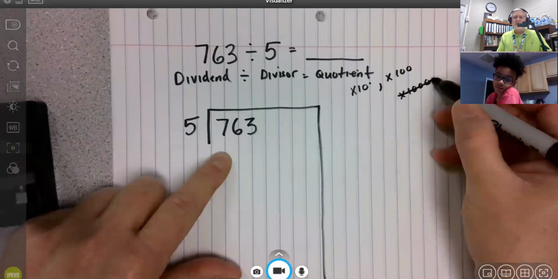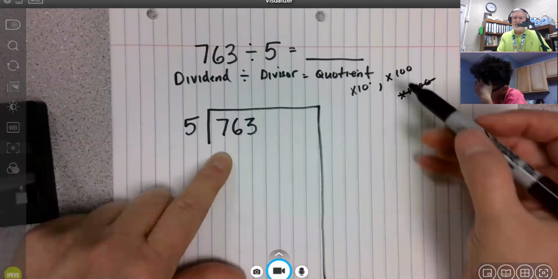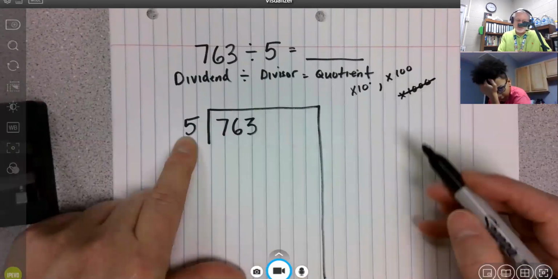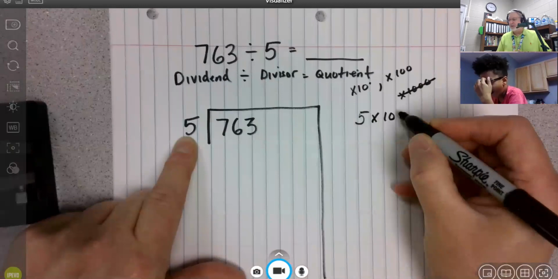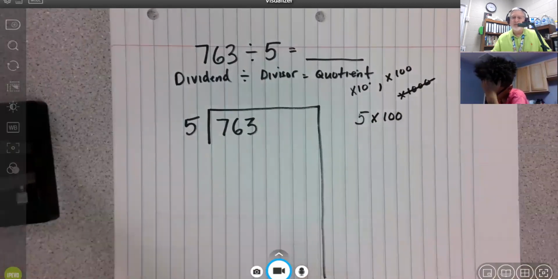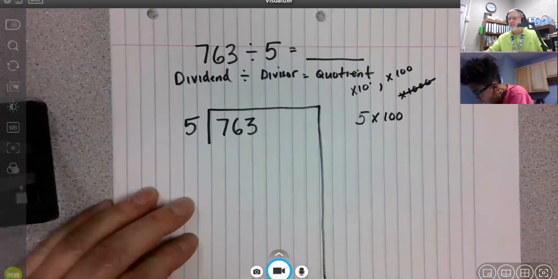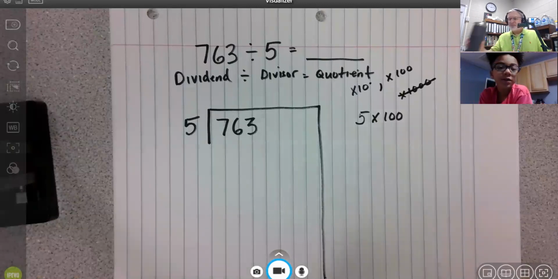So I'm going to cross out my thousands because I can't do 1,000. But I'm going to try 100. So if I do 5 times 100, how much would that equal? If I have 5 groups of 100, that means 100 plus 100 plus 100 plus 100 plus 100 equals what? 300?